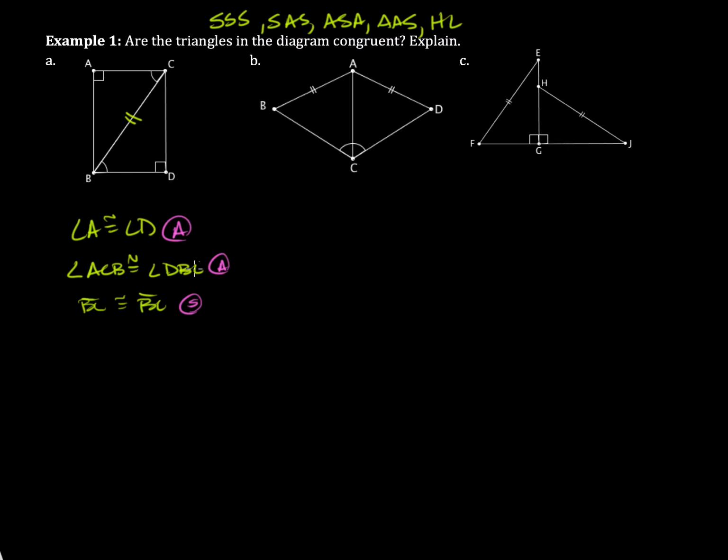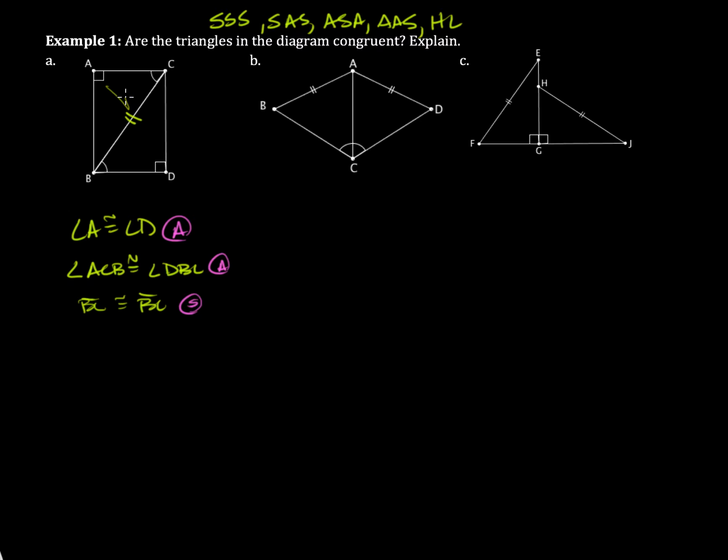So now I have to ask myself, okay, it looks like I have two pairs of angles and a pair of sides, which would kind of narrow it down to maybe angle, side, angle, or maybe angle, angle, side. So I just have to figure out, is this right here included between these angles or non-included? If I look at my picture, I can see that that is a non-included side for these two angles.